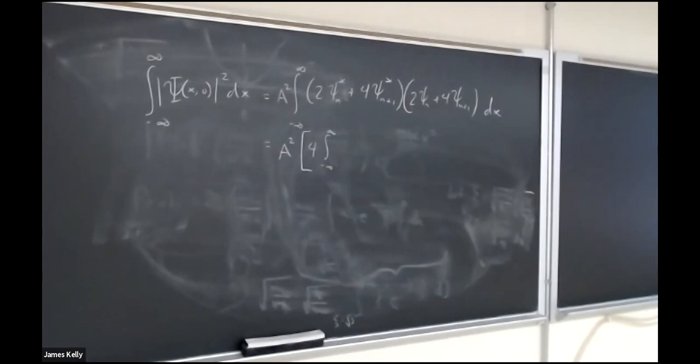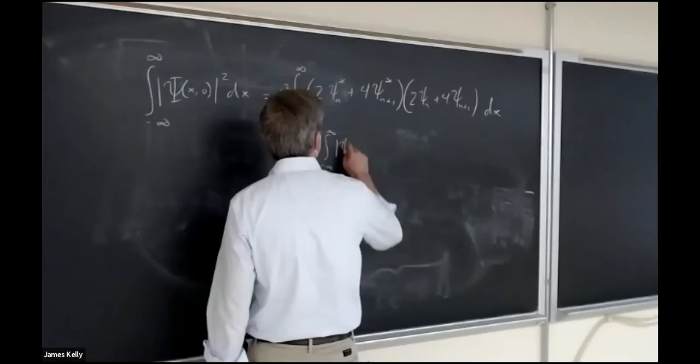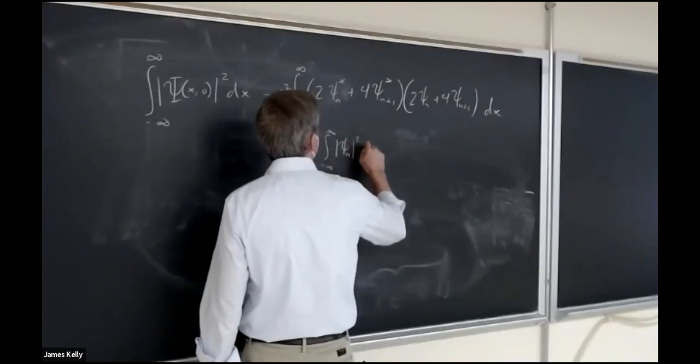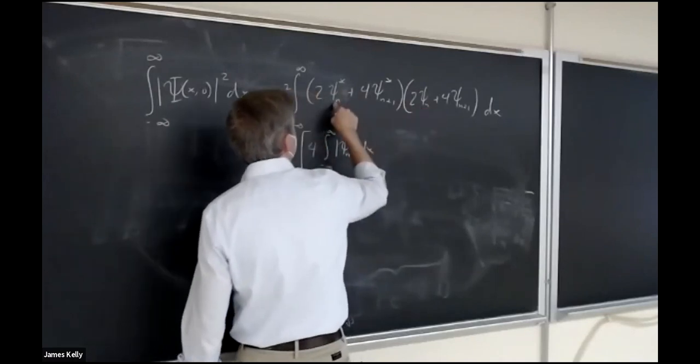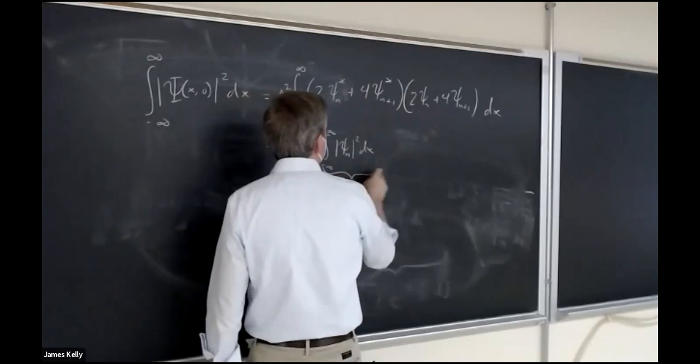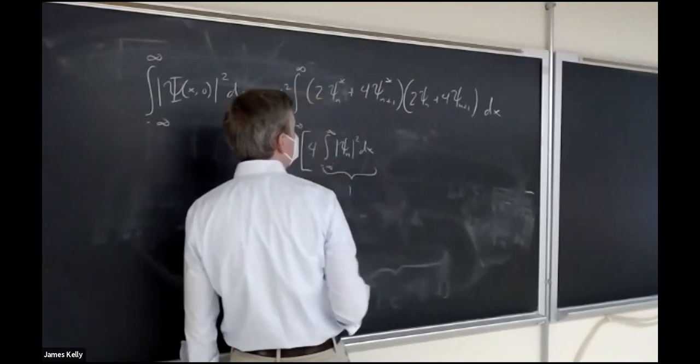And that is going to be 1, because we've already normalized the state psi n. Okay, so this would be magnitude of psi n squared dx, because I have a psi n star. So that's 1. So that gives me a 4 there.